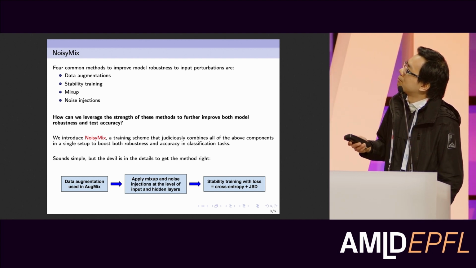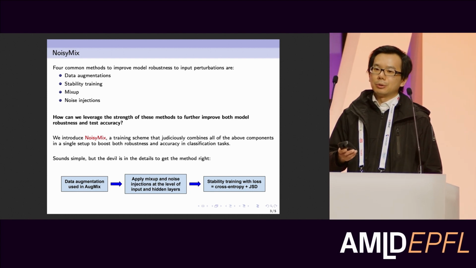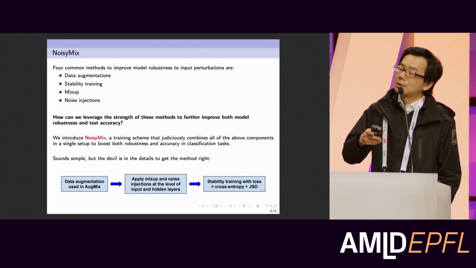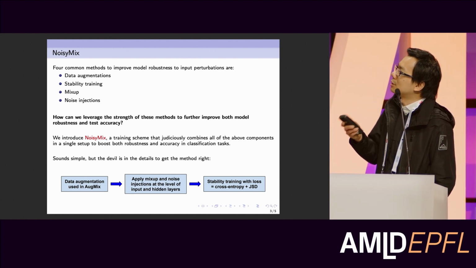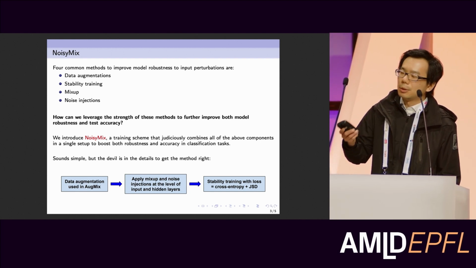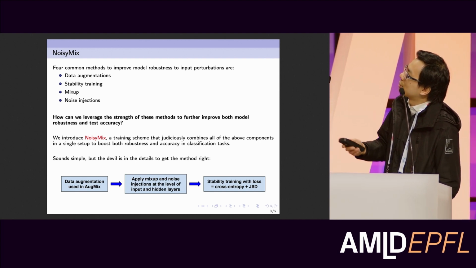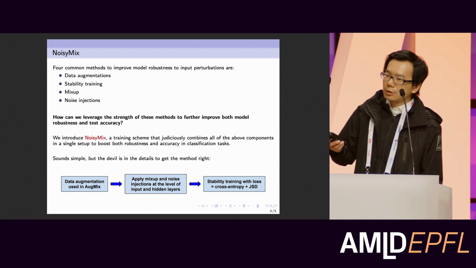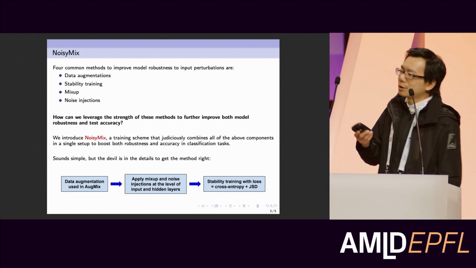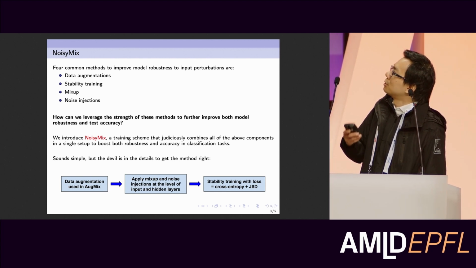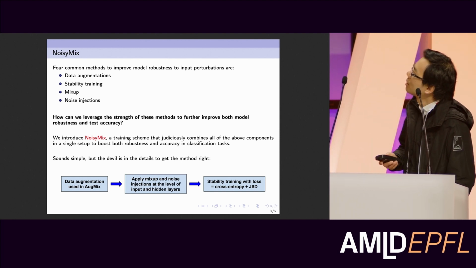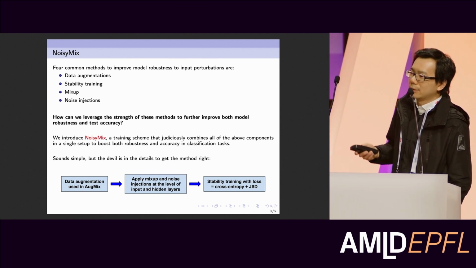And there's a method called Mixup, where you create new data points by taking linear interpolations of randomly chosen data points, for both the input and the labels. And there's a last method, noise injection, where you simply inject noise, such as white noise, into the data, or you can inject noise into the hidden layers inside architectures, and so on. So there are these four methods.